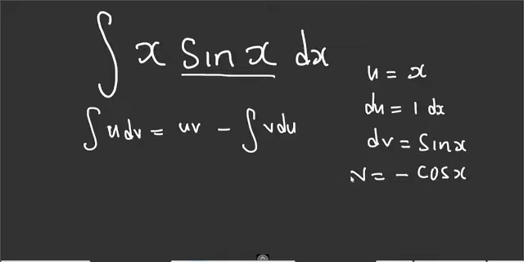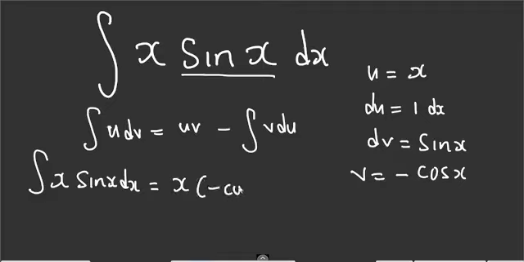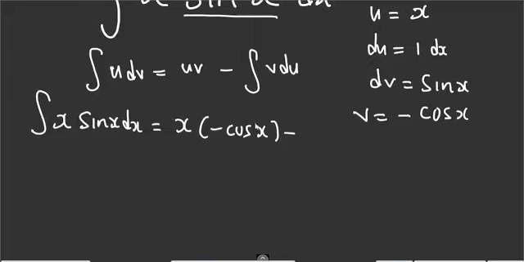Then from here, we are going to apply these in our formula. So we are going to write the integral of x times sin x dx is equal to u, this is x, then v, we have negative cos x, minus the integral of v, our v is negative cos x, then times what is our du?